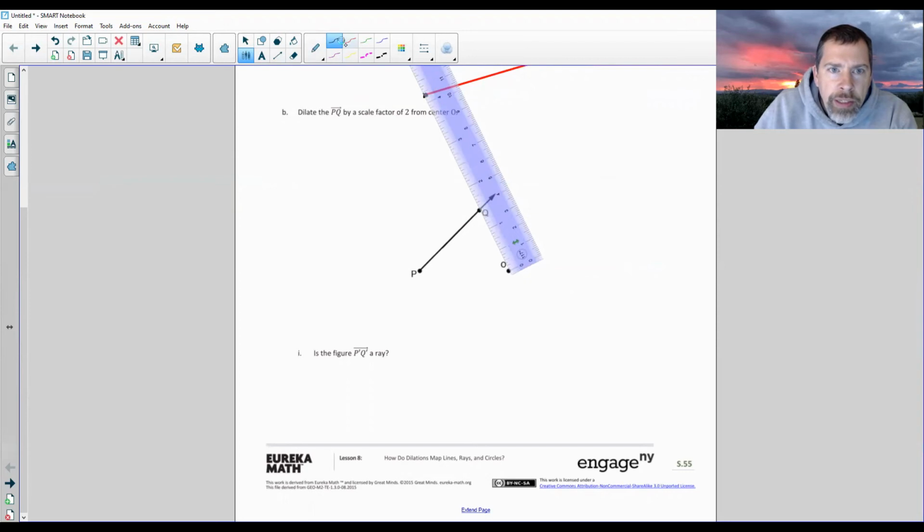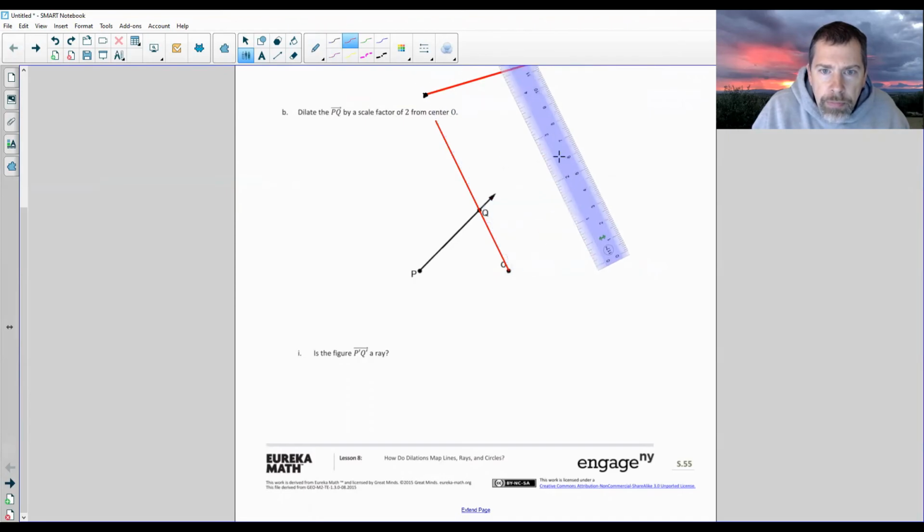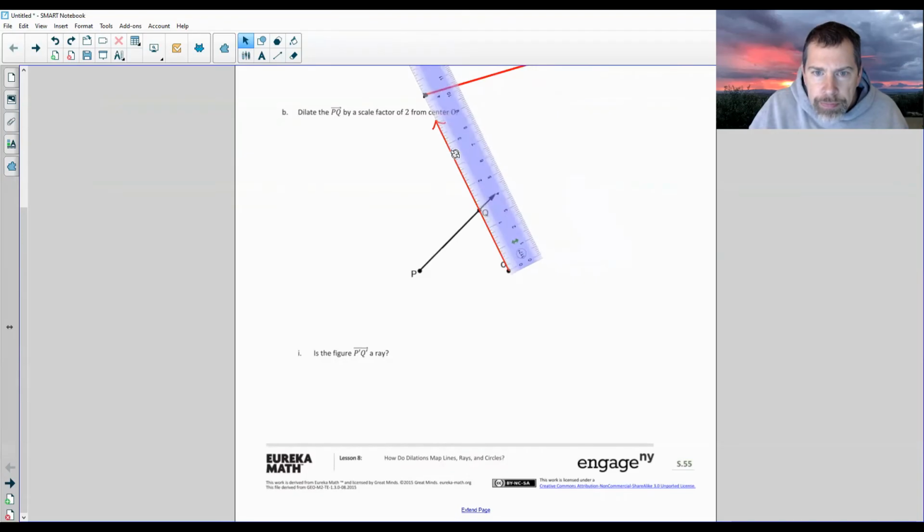Draw a segment starting at O and going through Q. So there is ray OQ. And then do the same with OP.